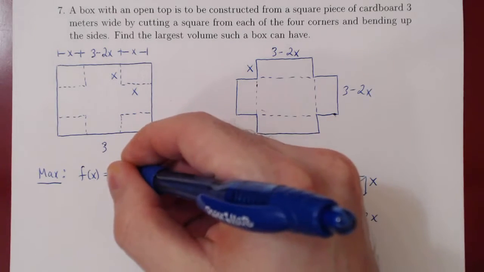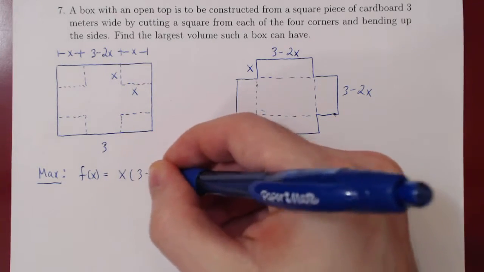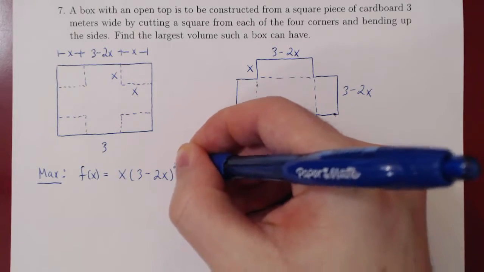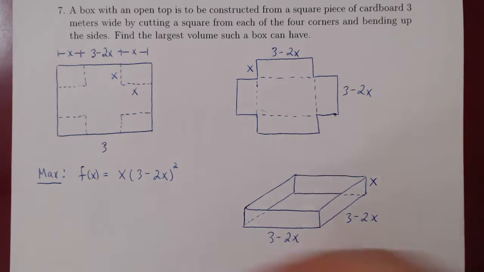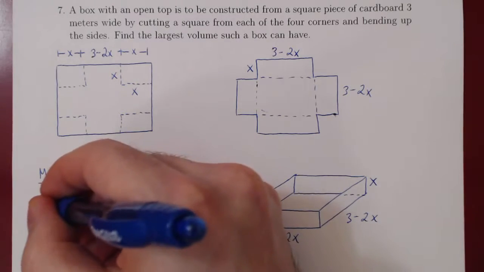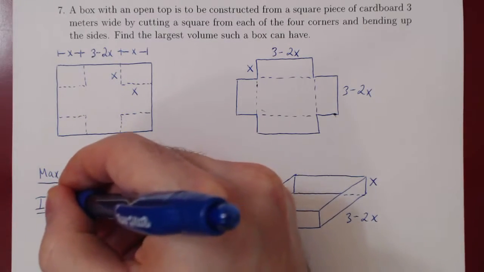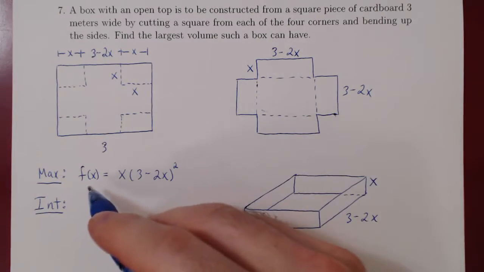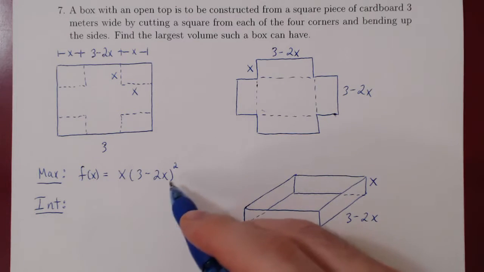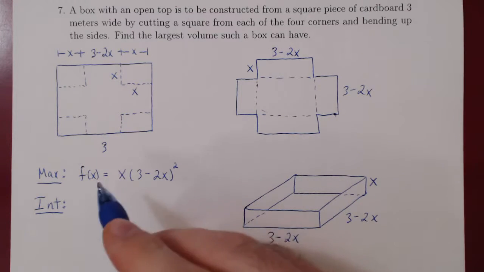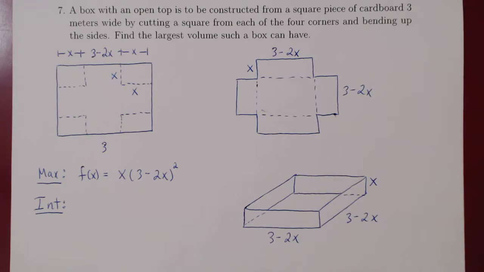So the volume is quite simply x times 3 minus 2x squared. And now we're going to look at our interval of x values. And obviously f of x is continuous, as it is simply a polynomial, a cubic polynomial.